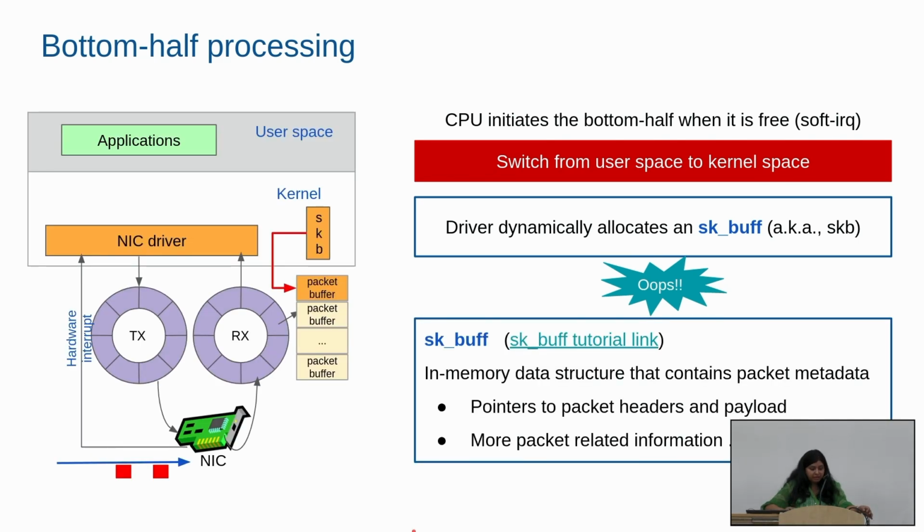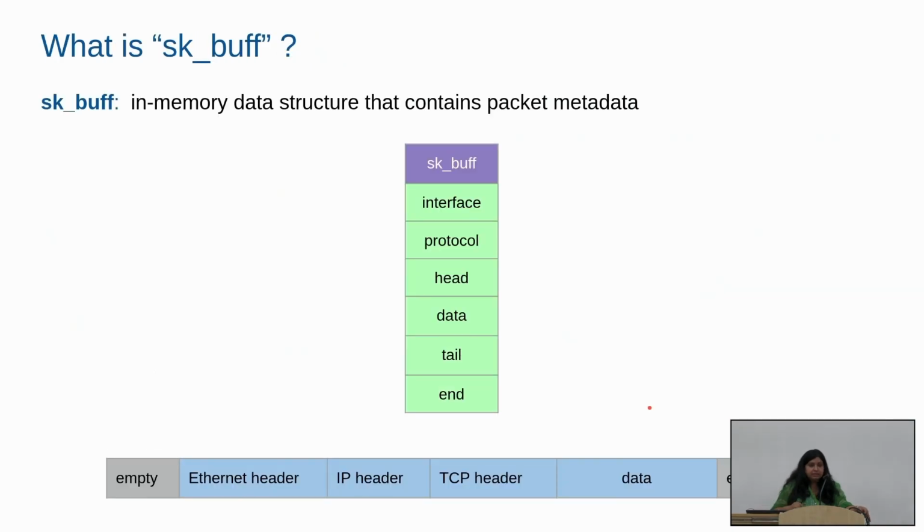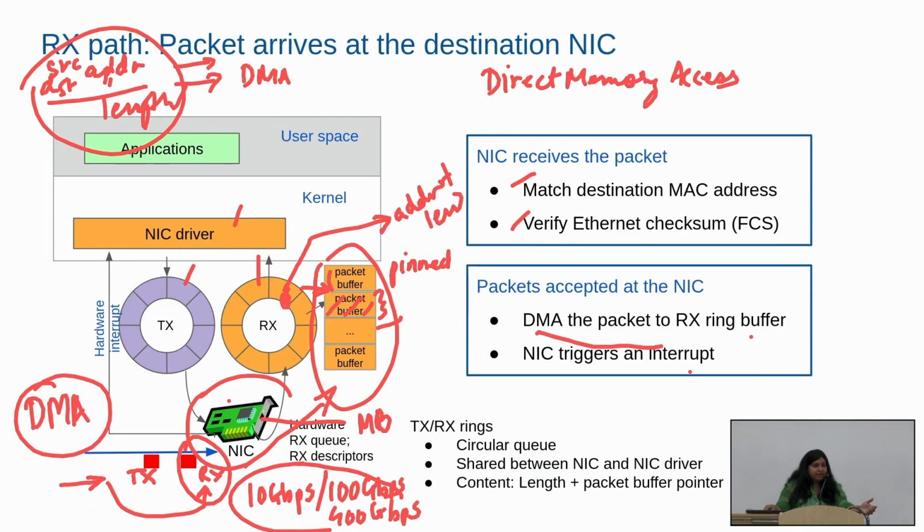It's an in-memory structure that does not contain packet data, but it contains packet metadata. And what is the metadata that it contains? Let's take this example and see. It's an in-memory dynamically allocated structure. If this is your data packet, in this picture, where is the data packet stored?